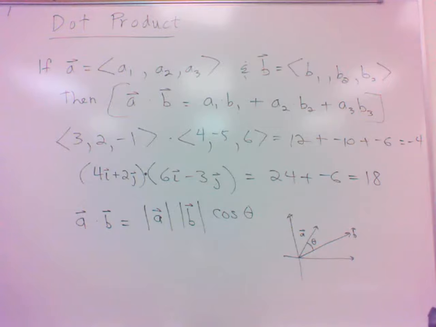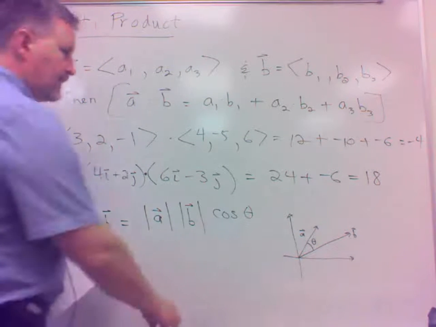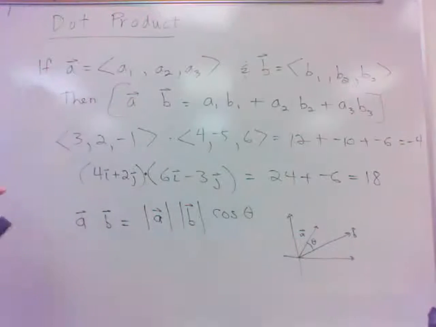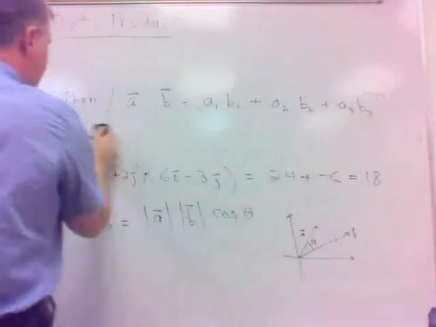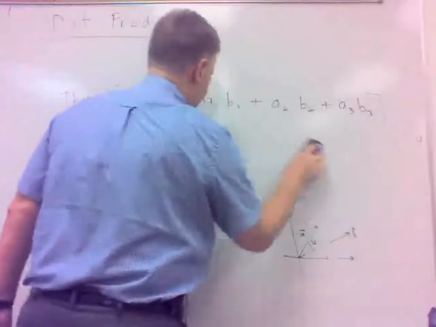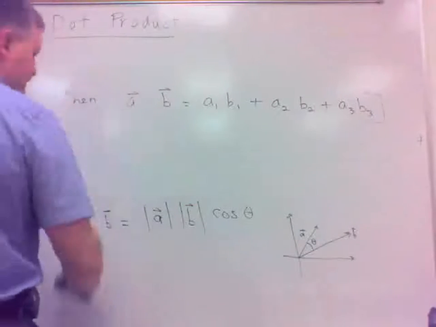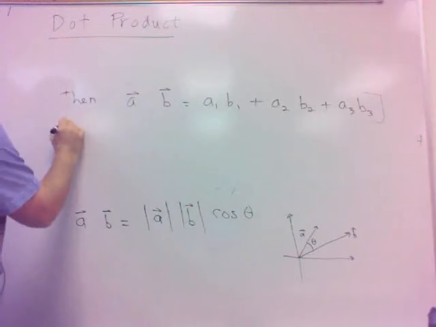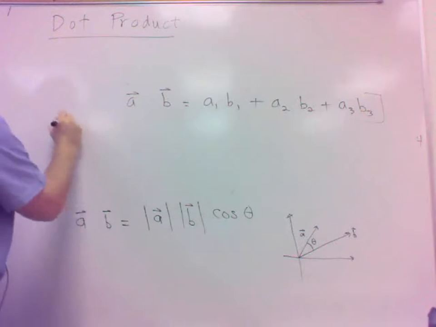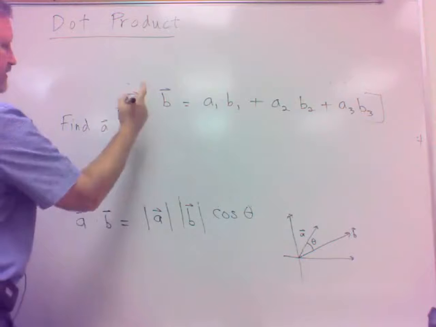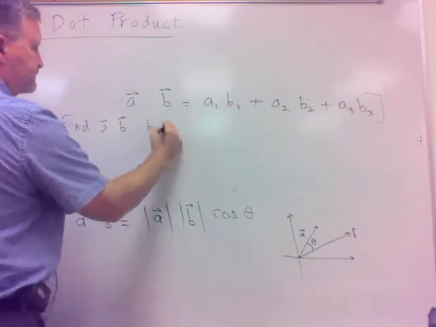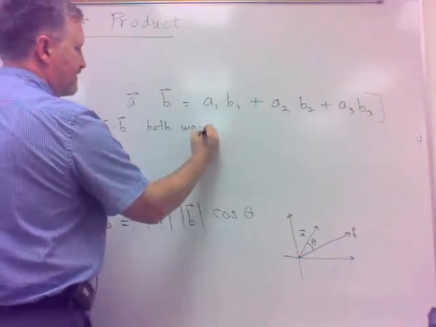All right. And so just to see that these two are the same quantity, let me go to another one here. Leave both of those up here. All right, so let's find A dotted with B both ways and verify that it is the same.